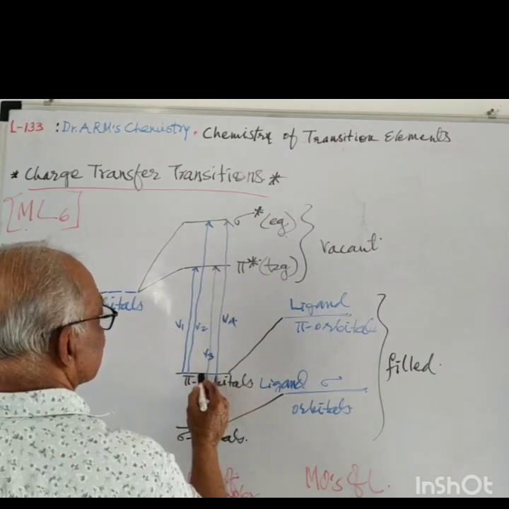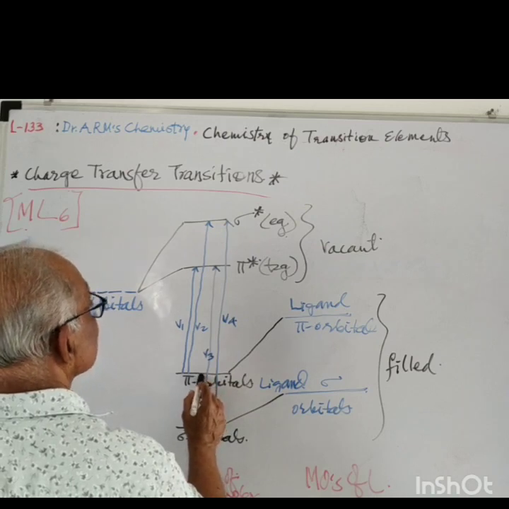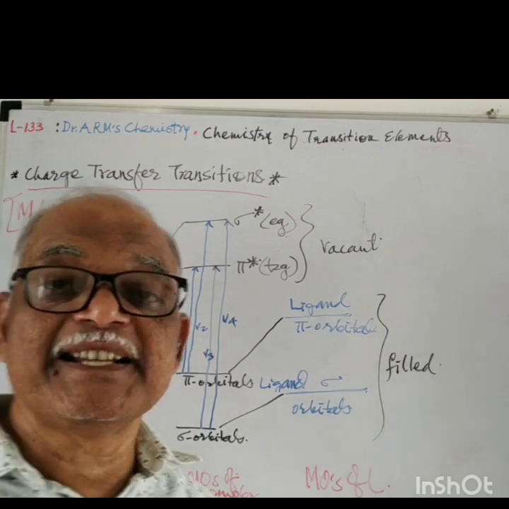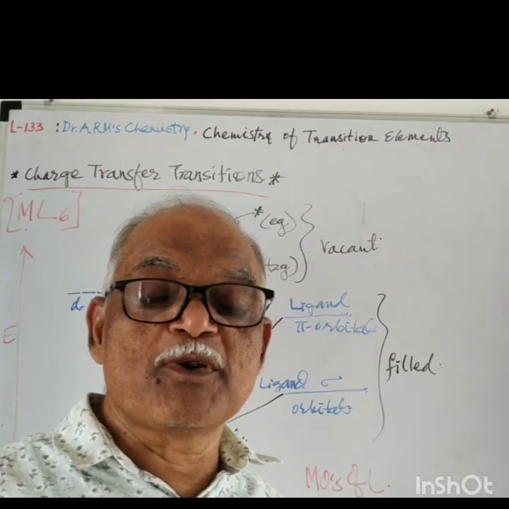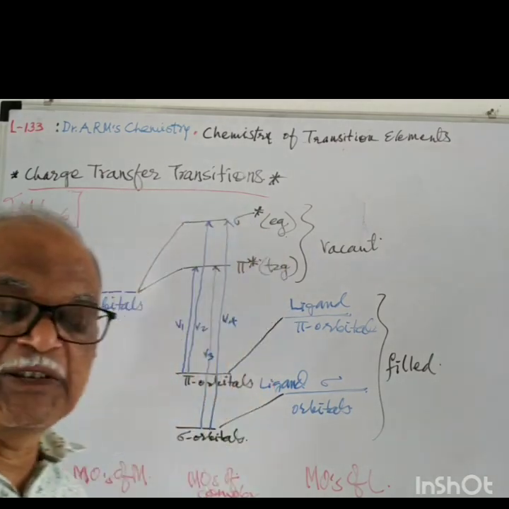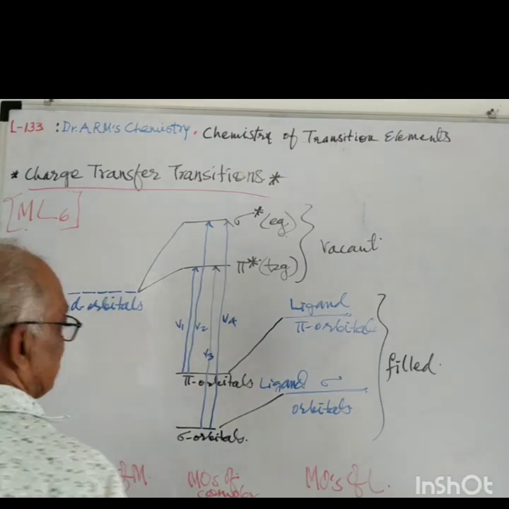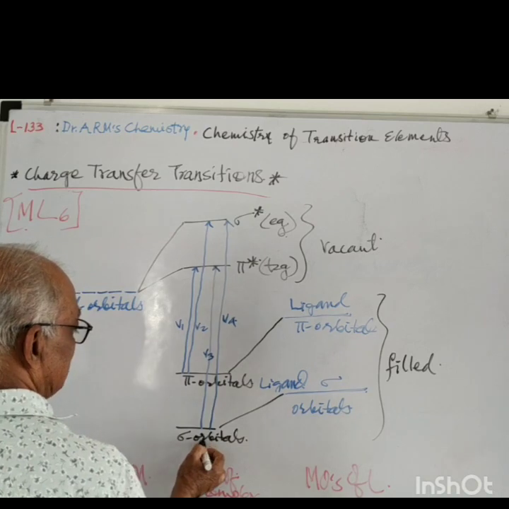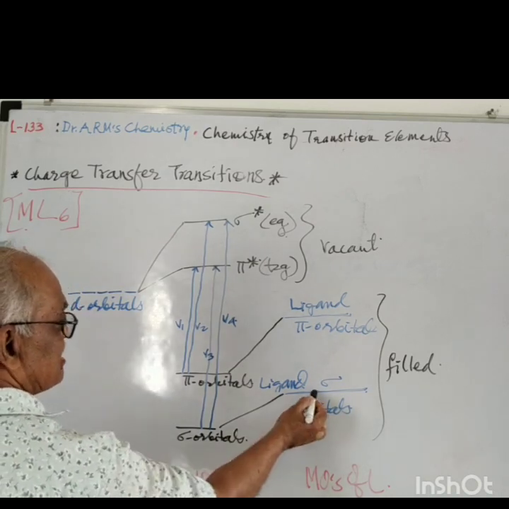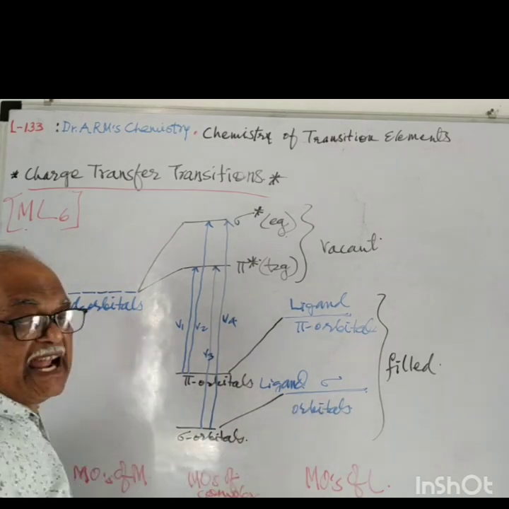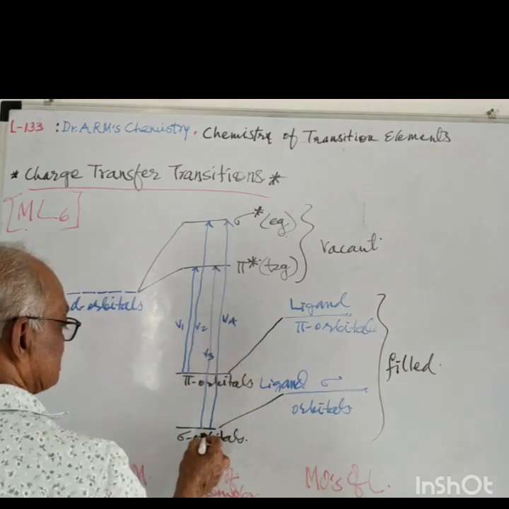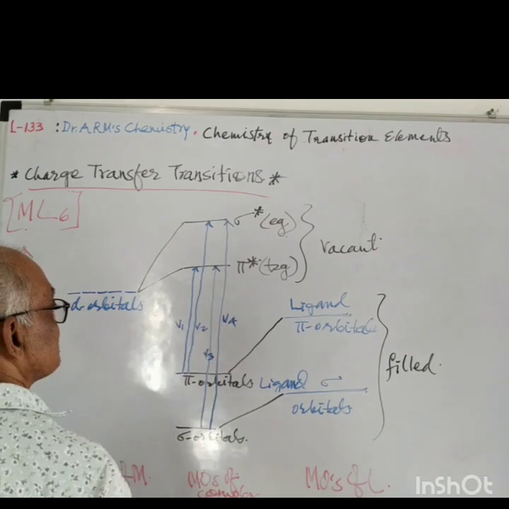The electrons of these orbitals are also excited to sigma star orbitals, which are mainly contained in Eg or s type of orbitals, 4s, 5s, 6s, etc. Then the third, V3 type of transition, arises from these filled sigma orbitals, which are mainly of ligand, excited to this pi star. So the transition is sigma to pi star.